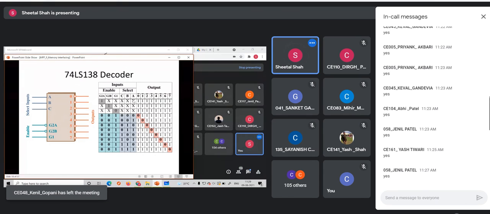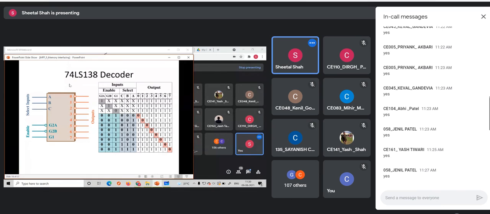So the decoder, you are all aware of the 74LS138. You might have studied it in your DDC. You know the working of the decoder. A, B, C are the select inputs. If this is 000, then the output should be 1, but here it shows active low outputs.